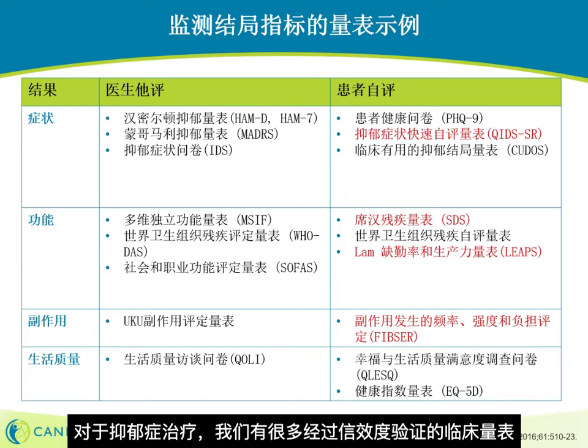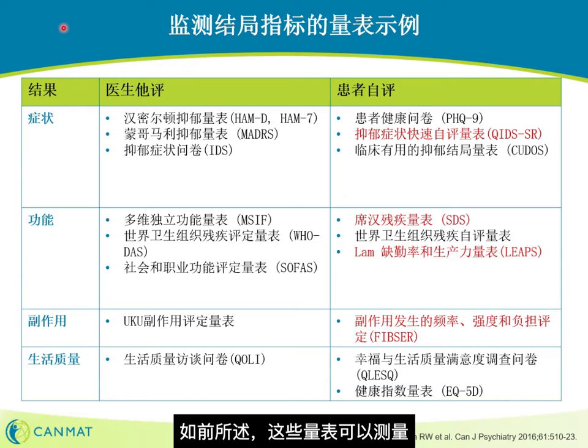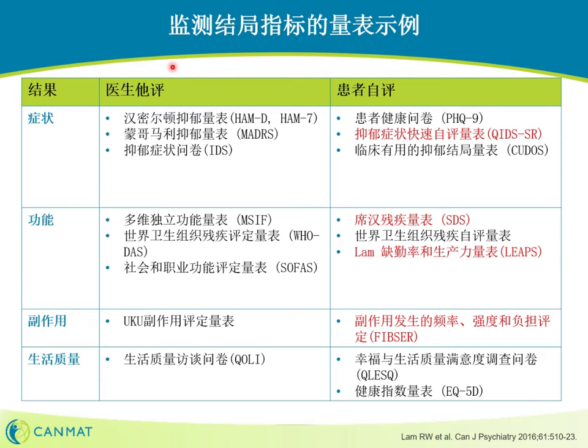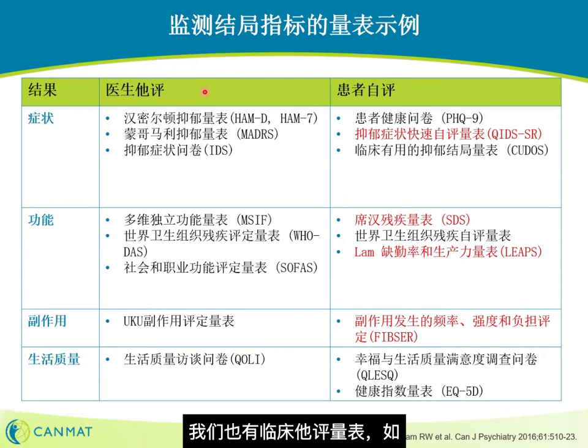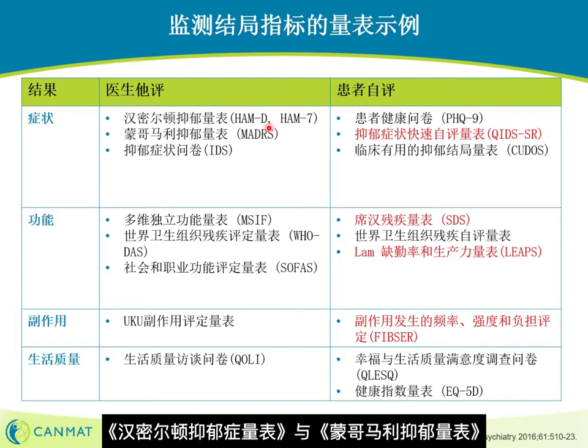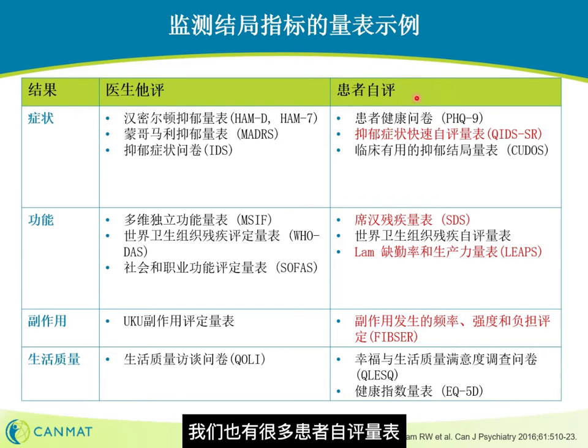For depression, we have many scales that are validated for use in clinical care. And these scales can measure, as mentioned, symptoms, functioning, side effects, and quality of life. We also have clinician-rated scales like the Hamilton Depression Rating Scale or the Montgomery-Åsberg Depression Rating Scale. And we also have patient-rated scales or self-rated scales, including many of these scales described here.